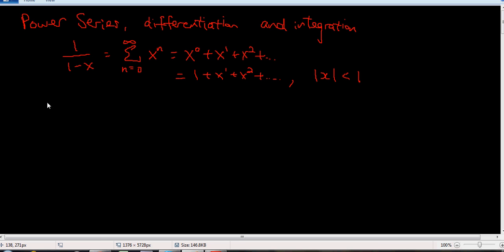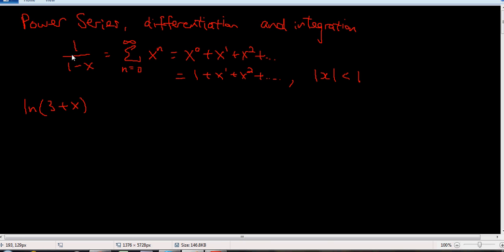Right, so let's say we want to find a power series representation for a function like ln of 3 plus x. This is an example of where we can use integration and differentiation in order to get a power series for this.